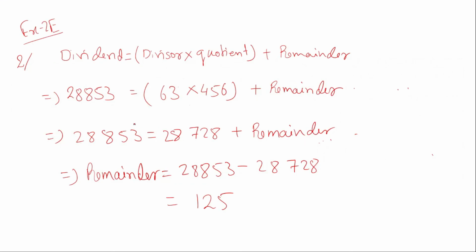So we have the numbers: dividend is 28,853, divisor 63, quotient 456. We have to find the remainder. So first we have to multiply 63 into 456. We will get 28,728. Then we have to subtract to get the remainder as 125.